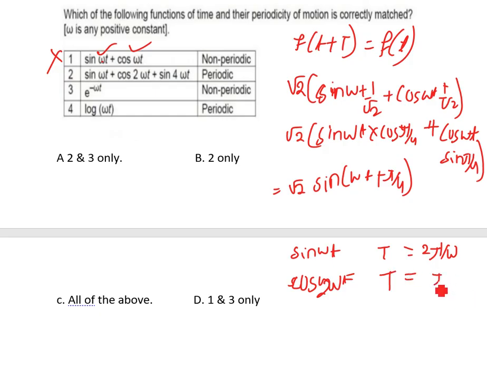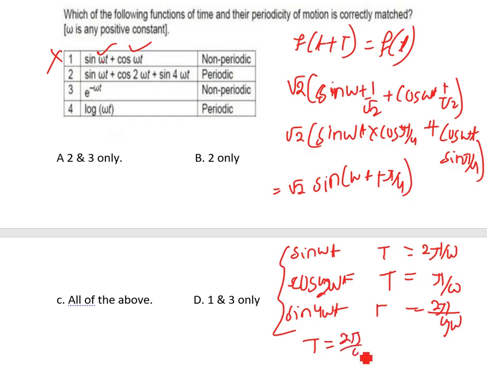And the last one is sin 4ωt with time period 2π by 4ω. So that means all are periodic. We have to take the LCM to get the whole time period. If I take the LCM of all the functions, it is 2π by ω, which is a periodic function. It is already written as a periodic function.